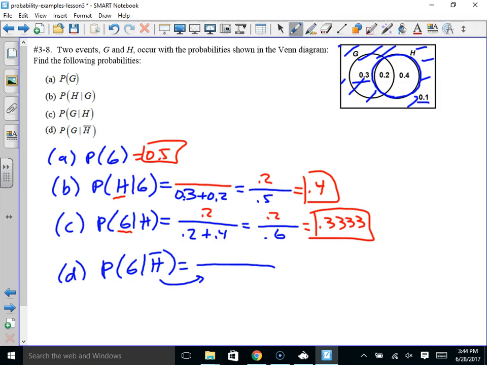So there's 0.3, and there's a 0.1. There's a total of 40% chance that you're not in H. And if you're not in H, what's the probability that you're in G? So the portion of this not H part that's in G is this part right here, and that would be 0.3. So it's going to be 0.3 out of 0.4, which turns out to be 0.75.